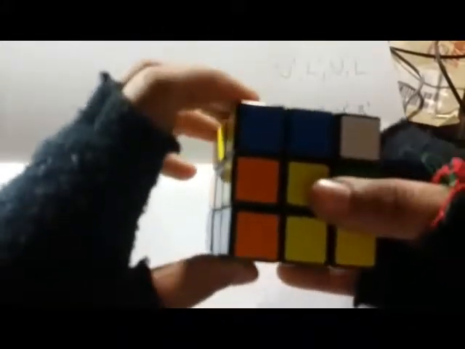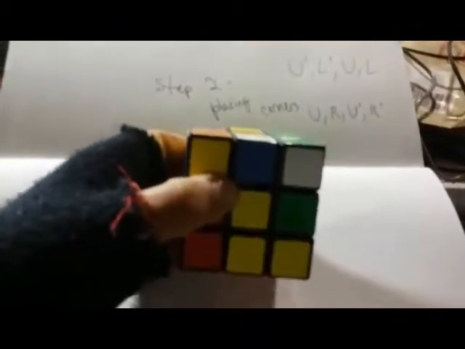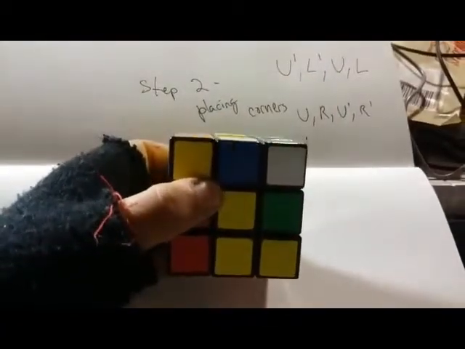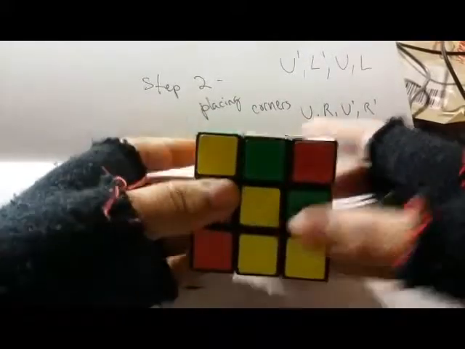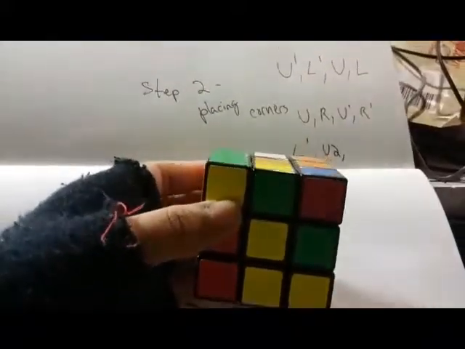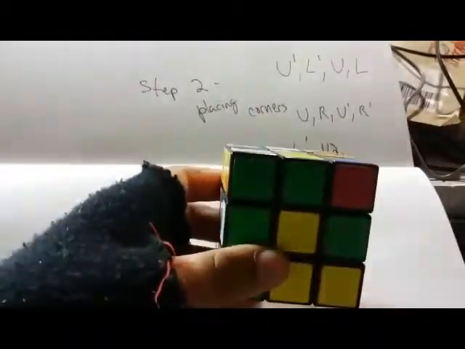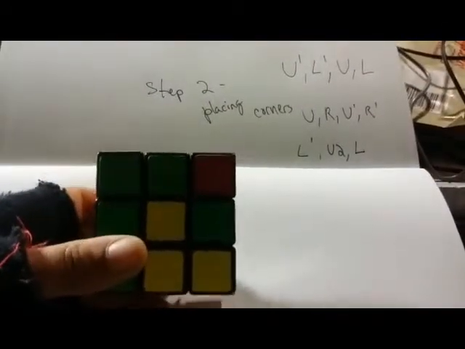And I would do L prime, U2, which basically just means turning it twice, and then L. So that's what I would do.